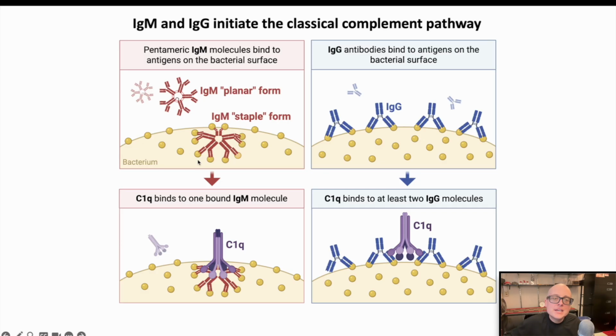And this is a pretty big overall molecule that C1q can then dock to. In fact, a single IgM molecule, because it is so big, can effectively serve as its own platform for the binding of C1q. In contrast, IgG can bind to C1q, but you need multiple IgGs bound close to one another to serve as an effective scaffold for C1q binding. So while both IgM and IgG initiate the classical complement pathway, IgM is a bit better at it and therefore is a bit more specialized for complement activation.